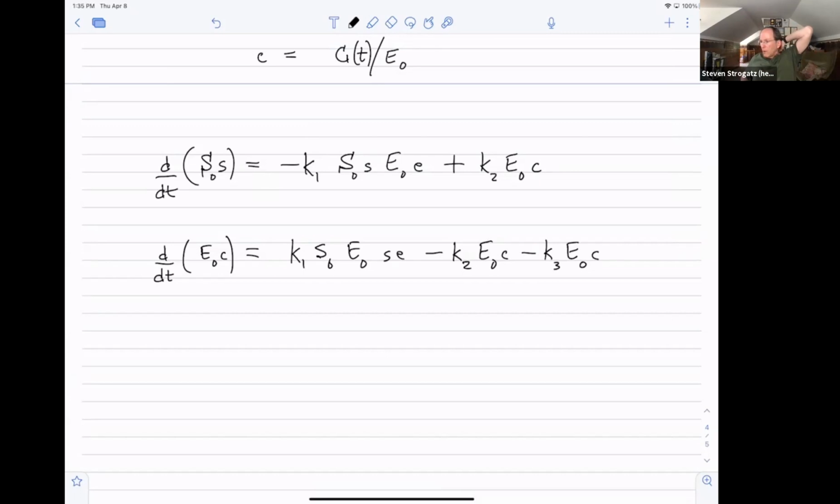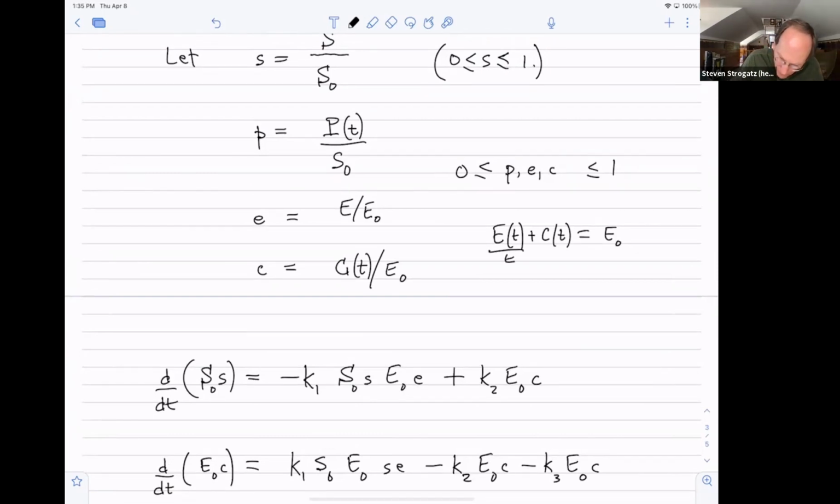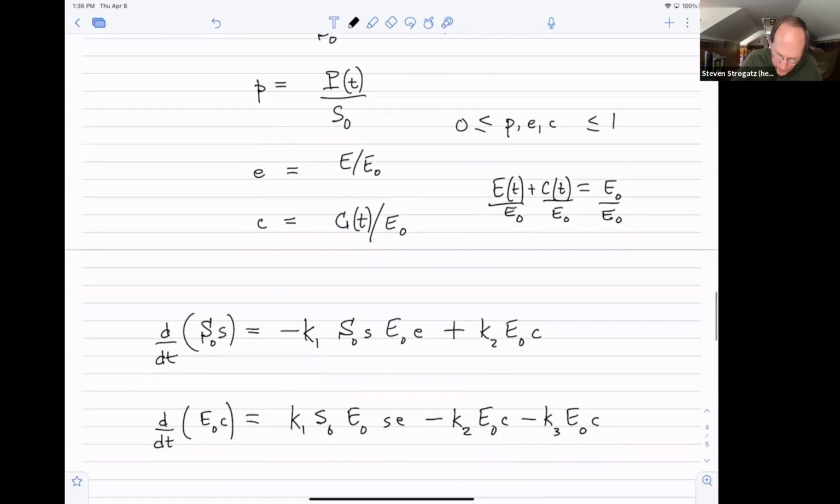Now, by the way, in terms of these little variables, maybe I should make one remark, which is, earlier I mentioned that E of t plus C of t was always equal to E0. That was one of our conservation laws. So when I divide by E0, it becomes this very pretty thing that little e plus little c is 1.